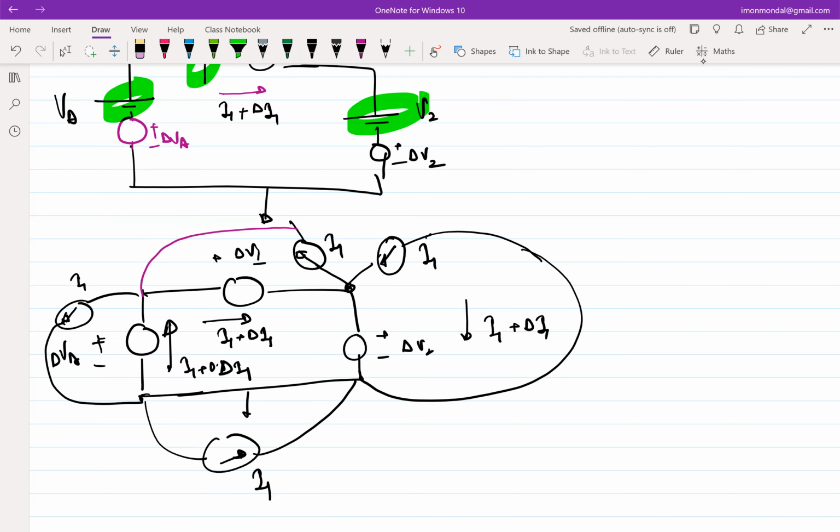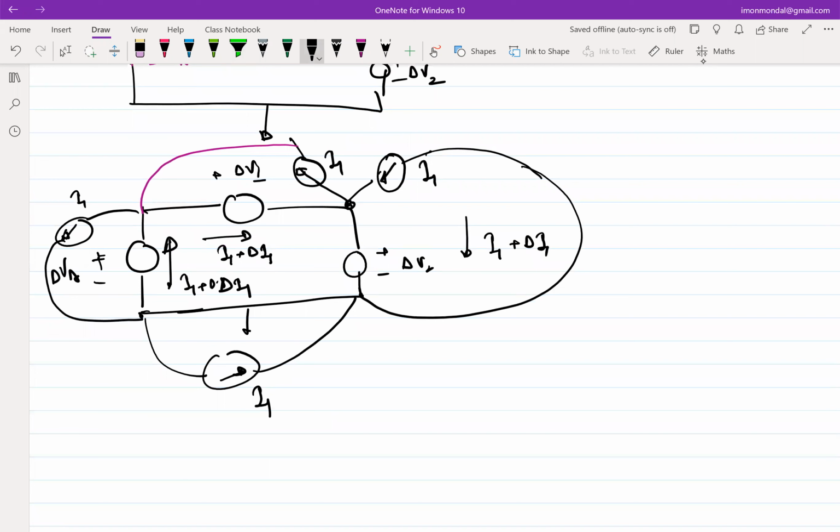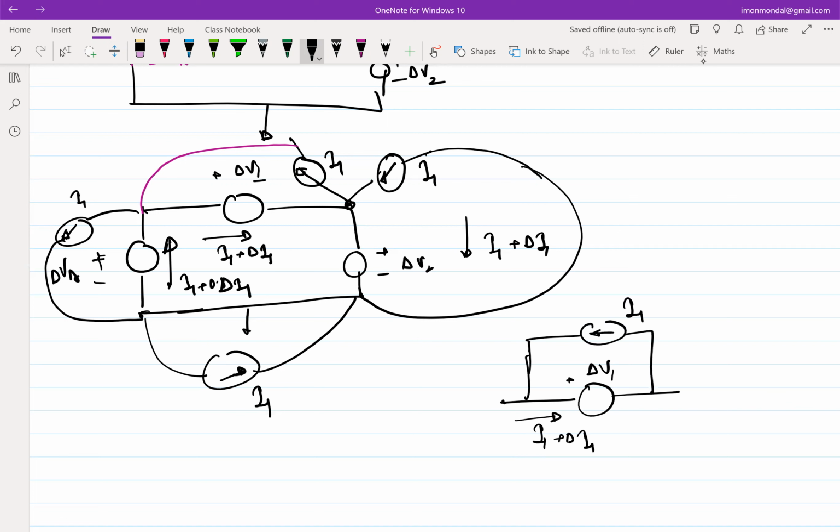If I redraw this segment separately, what I'm seeing is that I have delta V1 here, and I1 plus delta I1 is flowing through this, and this I1 is across it.